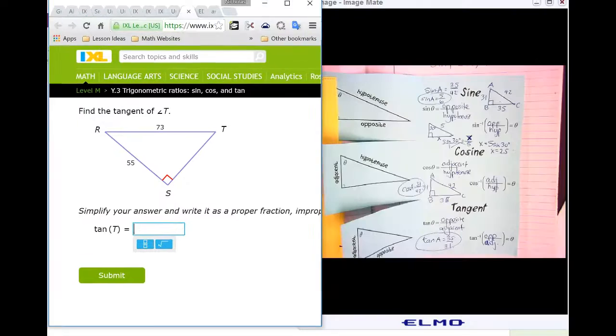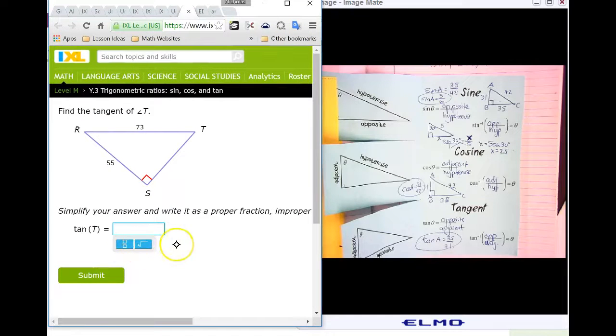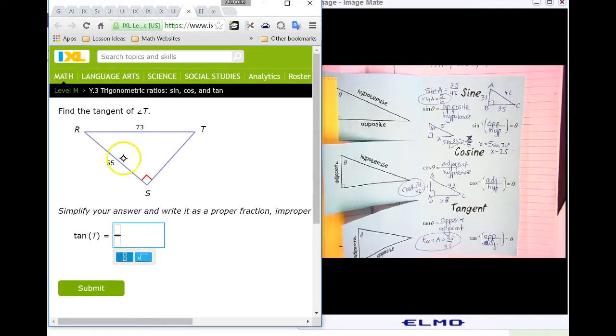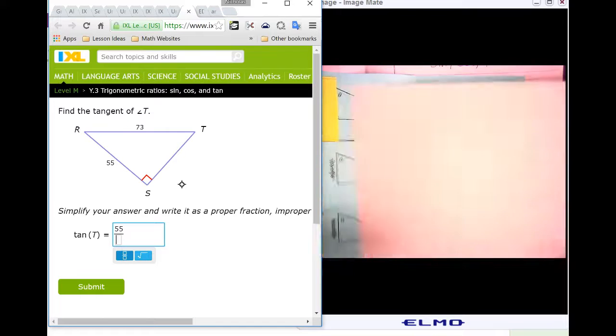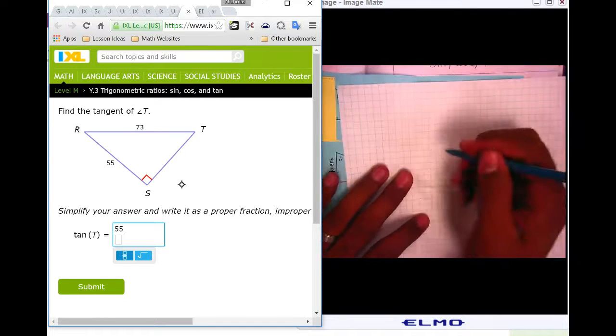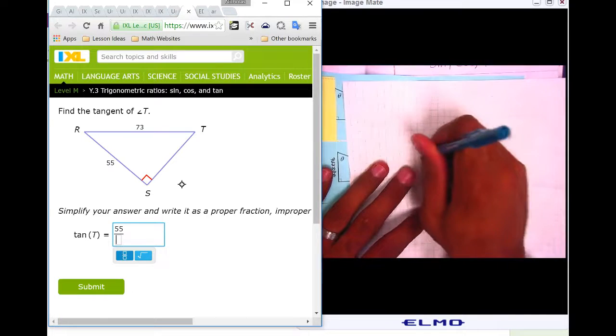Here's one more tangent example. Again, opposite over adjacent: the opposite of T is 55, over the adjacent, but wait a minute, there is no number here. That's where we're going to have to use the Pythagorean theorem to figure out what that side is.